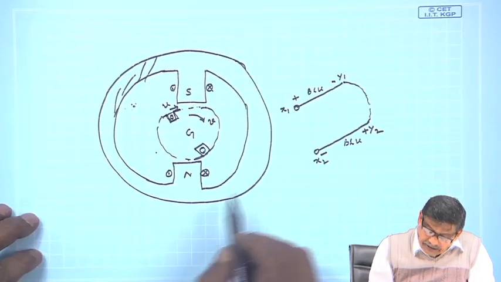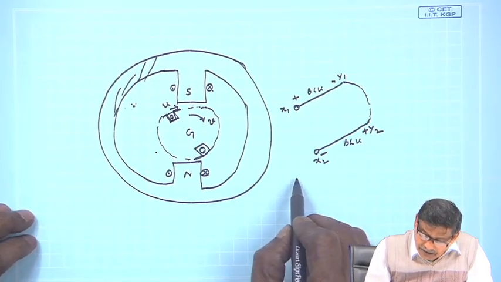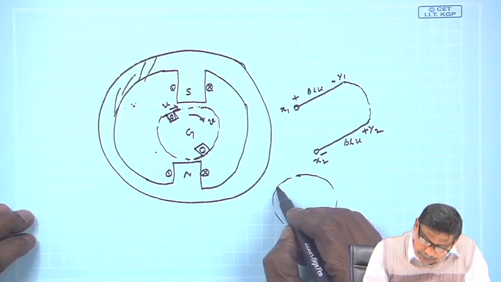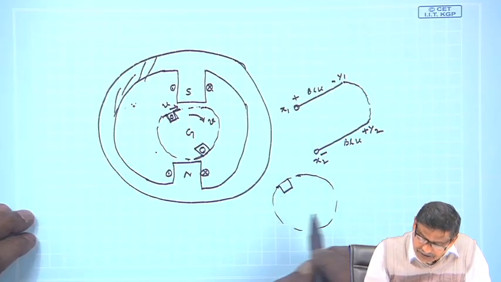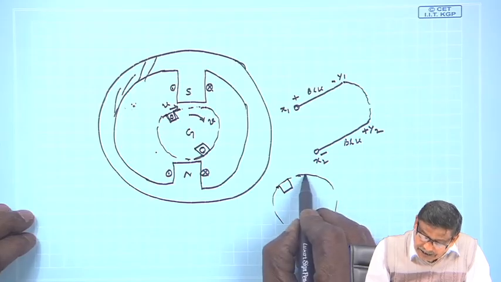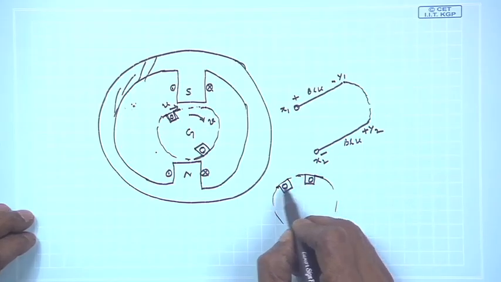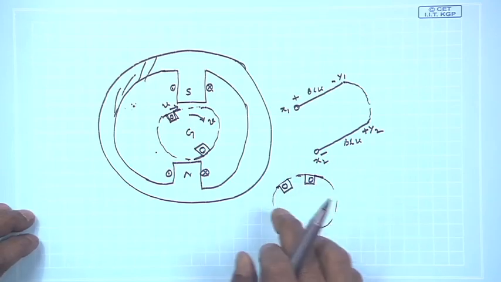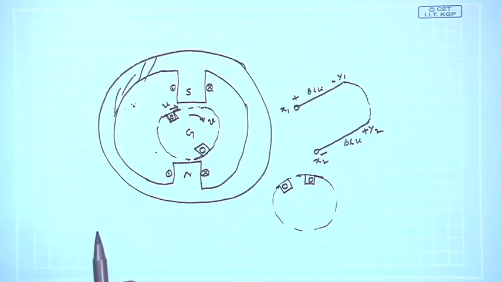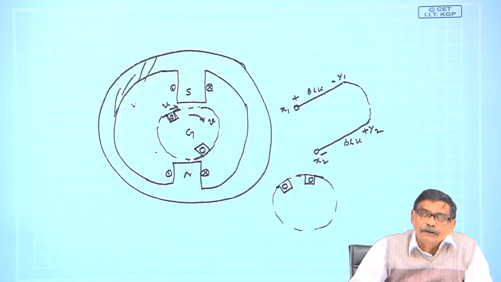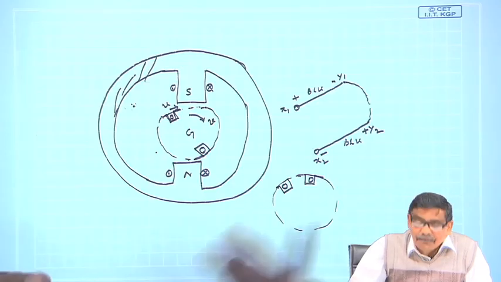You can always think of various ways. Suppose you put a slot here and you put another slot there, and these two you add in series. This will also work, it will also give you voltage between x1 and x2, but not the maximum voltage.